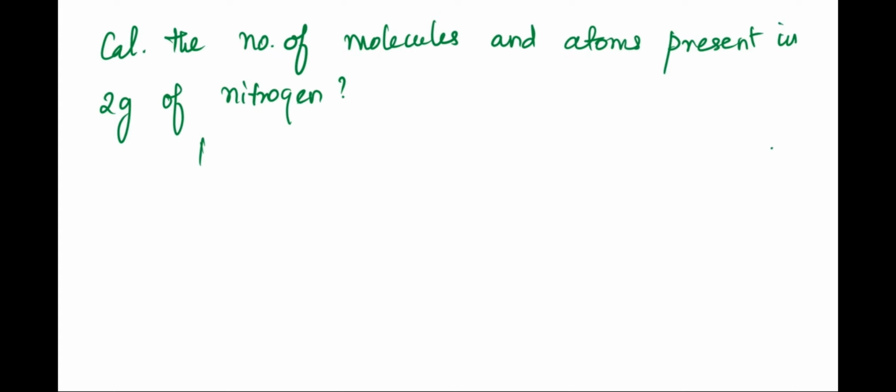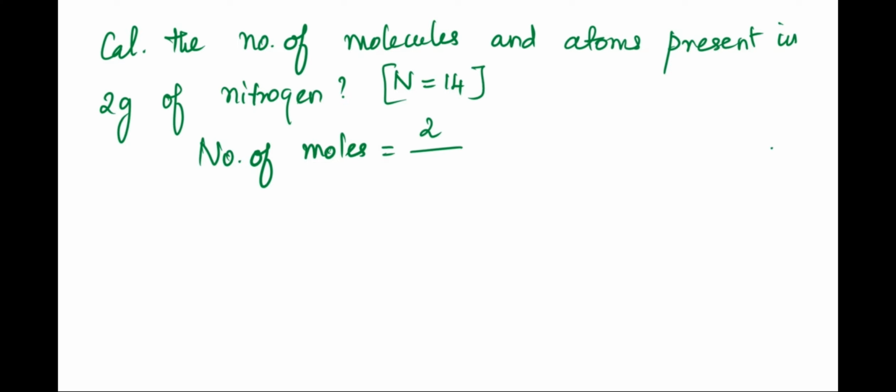So number of moles is equal to mass by molecular mass, weight by molecular weight. So here I have 2 divided by molecular weight of N2, which will become 28. So it's 1 by 14.